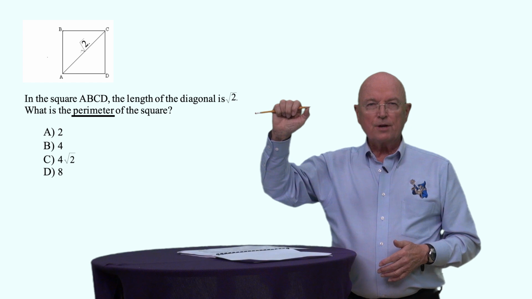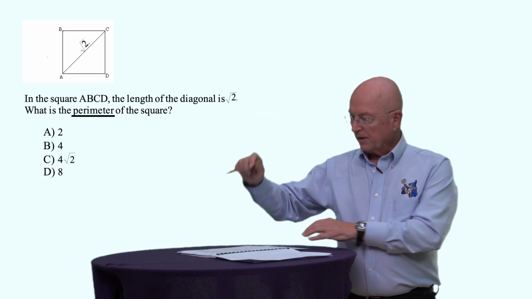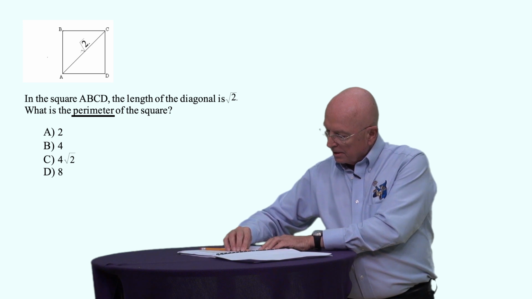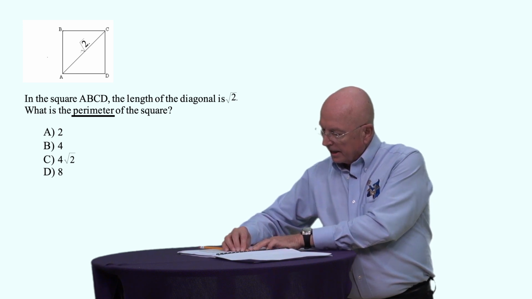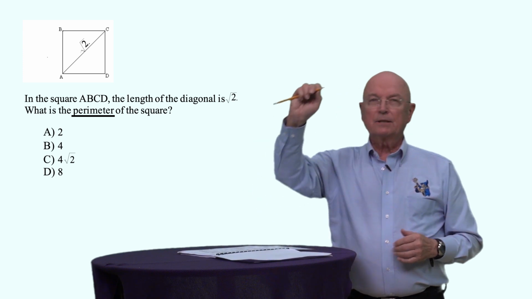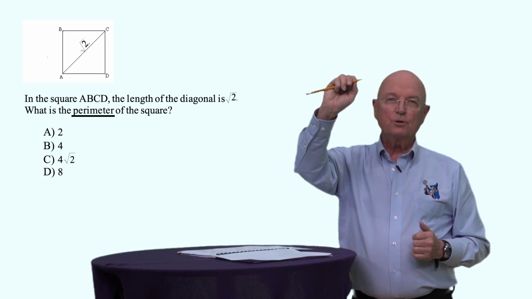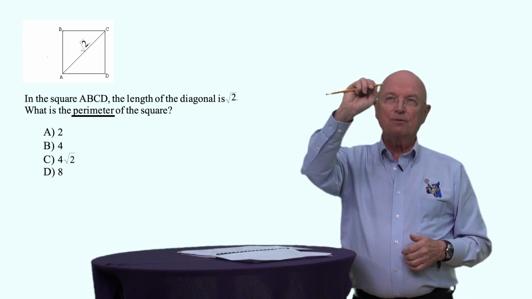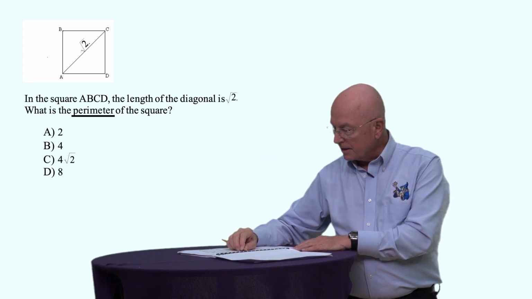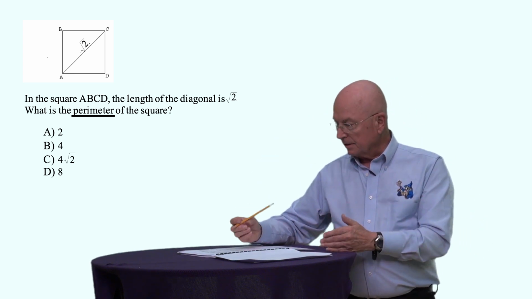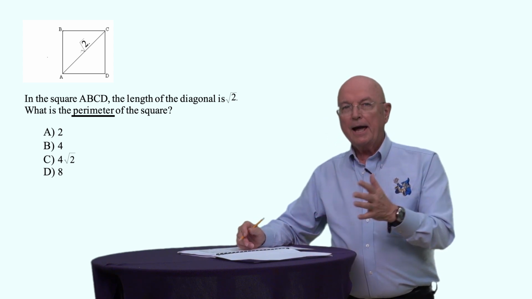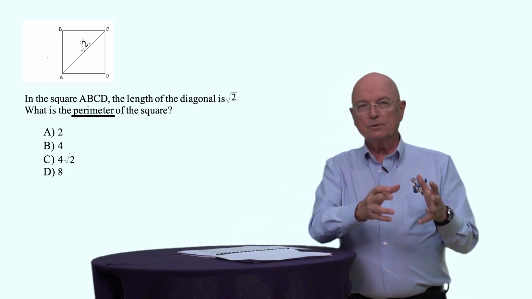So let's do that with this diagonal. If I take my pencil and lay it down right here on A, and I put my thumb at C, that is the square root of 2. Now if I take that length and put it against one of the sides, I immediately see that BC or any of the other sides has to be less than the square root of 2.